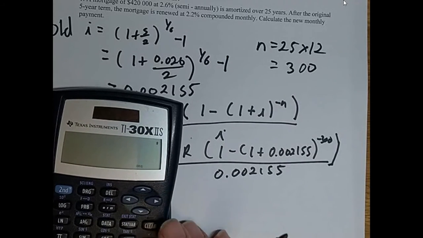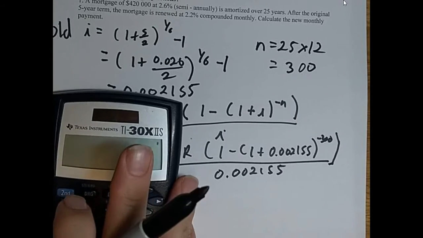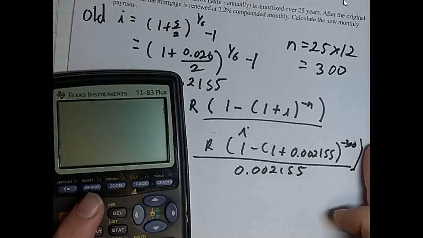Clear all this. So bracket 1 minus bracket 1 plus 0.002155 to the exponent negative 300, divided by 0.002155. I usually don't use this calculator, so I'm just going to switch over to the one I use all the time to make sure I get the right answer.